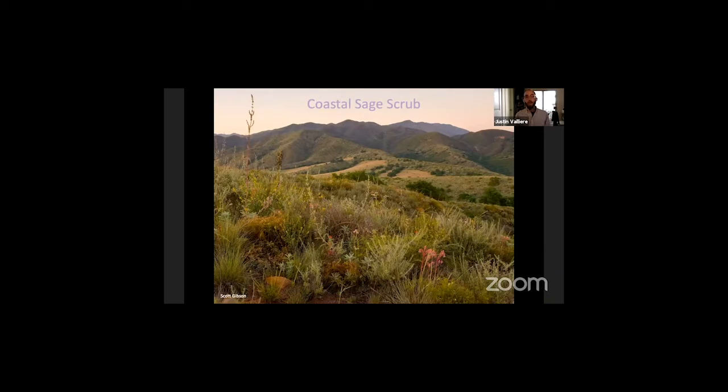It's arguably one of the most impacted and threatened ecosystems in the United States. It's estimated that about 90% has already been lost to development. What remains is subject to high levels of nitrogen deposition in parts of the state, and also to impacts from invasive species, increased fire intervals, and other factors.